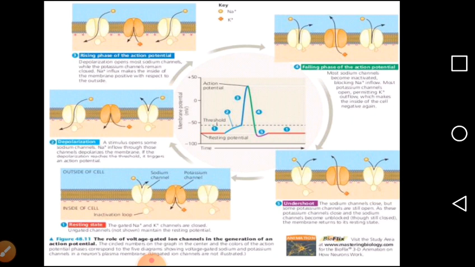This is again an animation representing the action potential. Firstly, there is the rising phase of the action potential, then the depolarization, then the repolarization state.